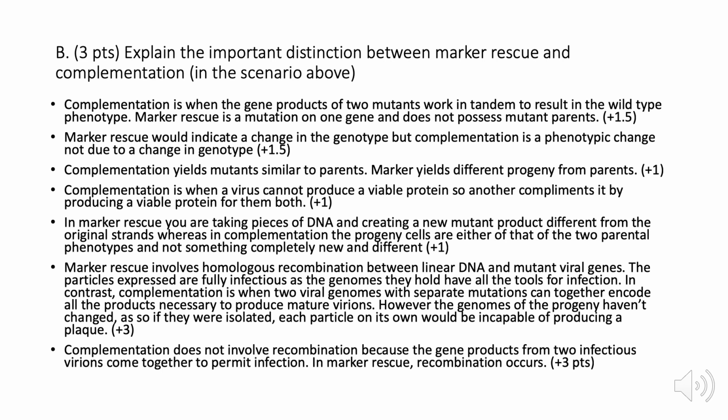So this answer is good in that it's answering both parts, telling me what the two different processes are. But the answer to the second part, marker rescue, is a mutation on one gene and does not possess mutant parents, is not correct. So this got half credit.